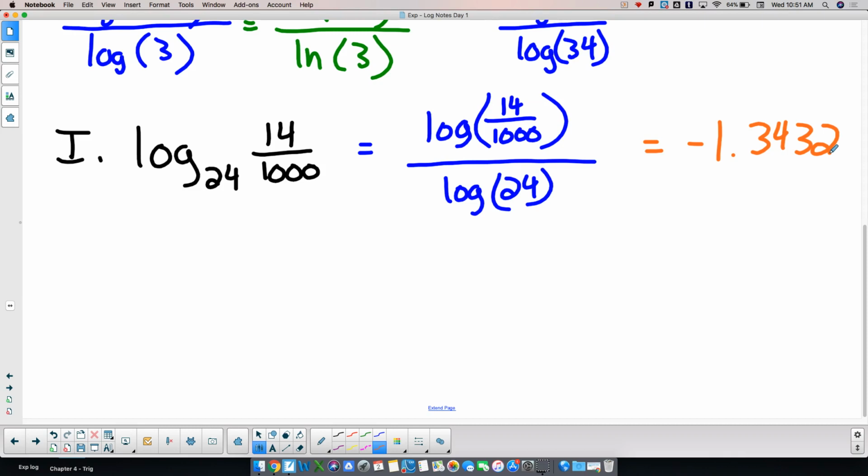So this is still legal. These two numbers, the base and the argument, have to be positive, but the exponent can be positive or negative, or it can be 0, because 0 is an exponent, right?